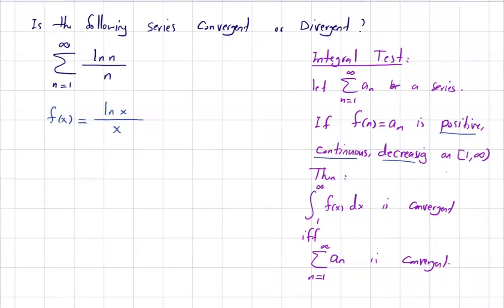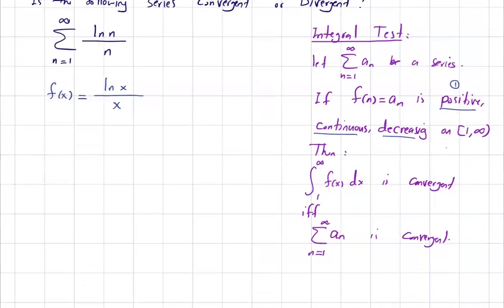Is it positive? Let us take a look at the behavior of the graph. When you have ln of x divided by x, the graph is just a little bit peaky, but please note that you're focusing on the interval 1 to positive infinity.